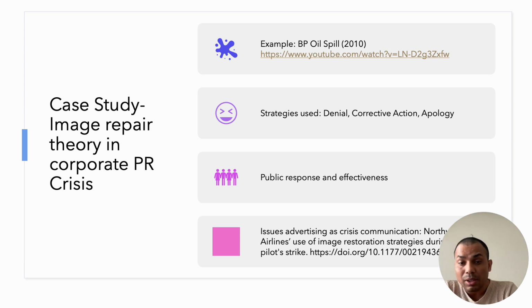So this one is the Northwest Airlines. So how Northwest Airlines used the image restoration strategy during the pilot strike crisis, and it's really interesting. They have explained the crisis and also the strategy the airlines followed to mitigate that crisis.